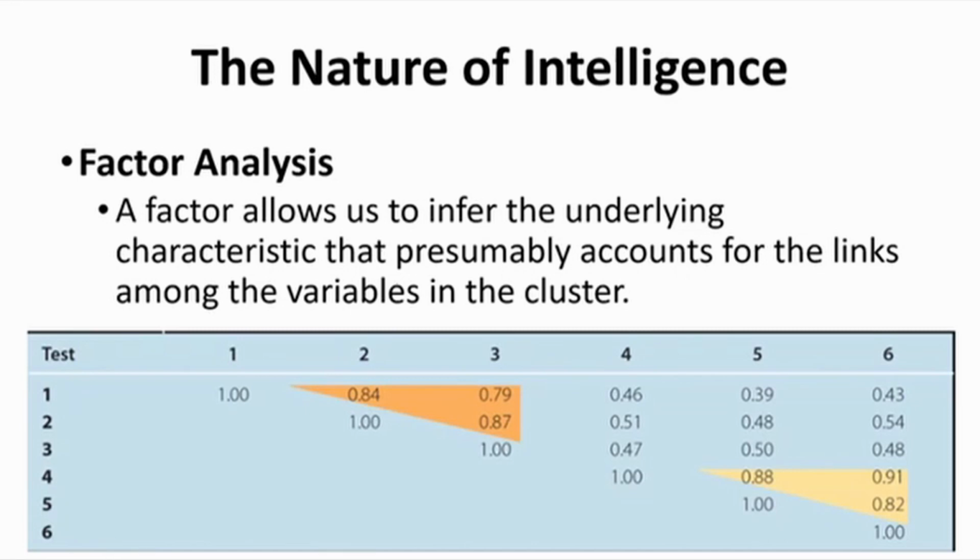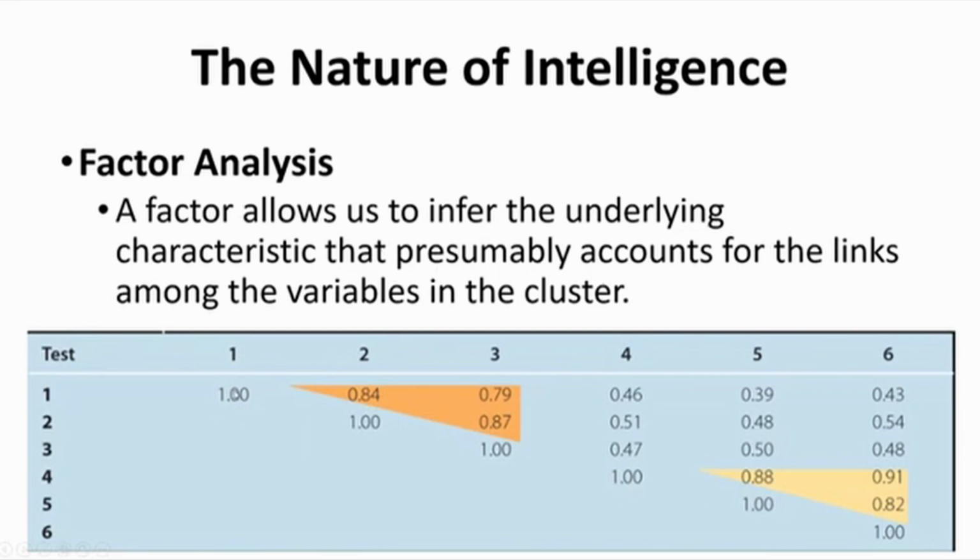So this is what it looks like if you only looked at 6 tests. The way that we can read this chart is we have our tests 1 through 6 across both axes. Our correlation coefficient that's given along the diagonal here is 1.